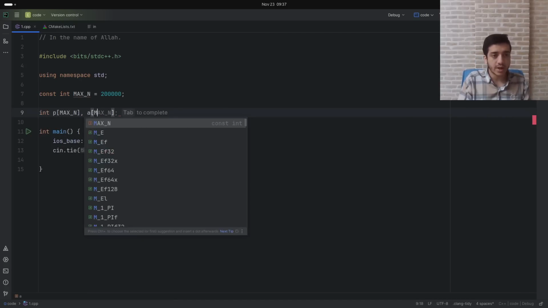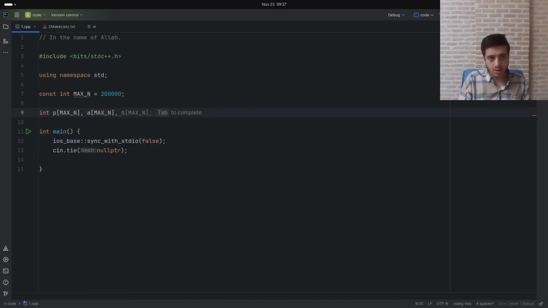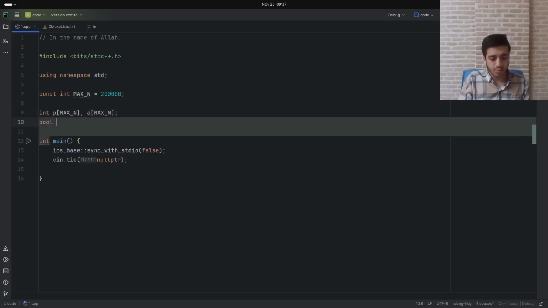Also, I define an array A. Also, I defined a boolean reverse.